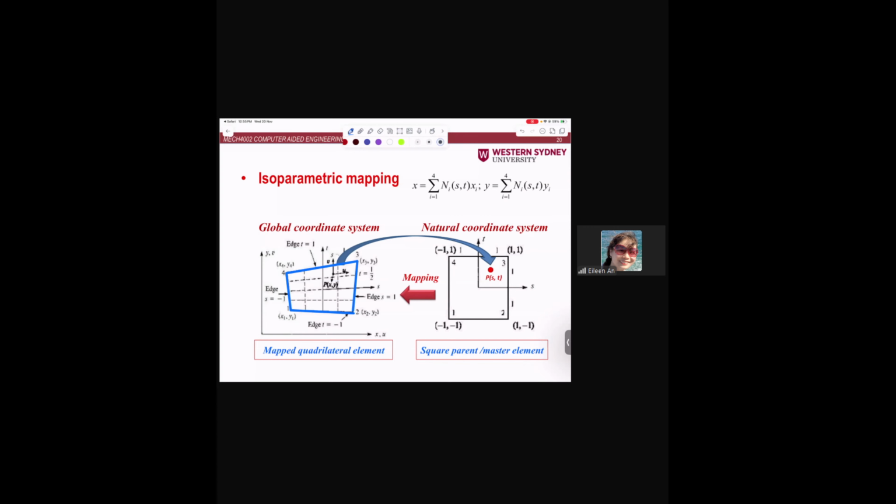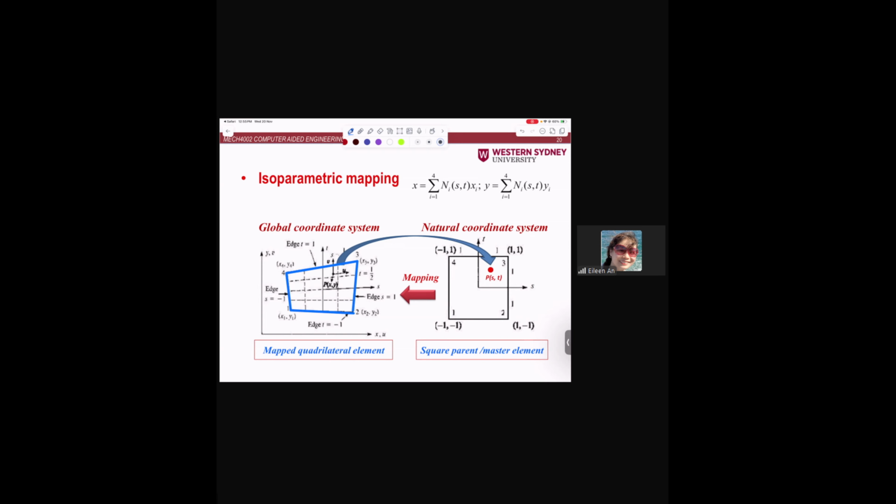Now, the problem is how we convert this quadrilateral element from the xy global coordinate system to the st coordinate system.